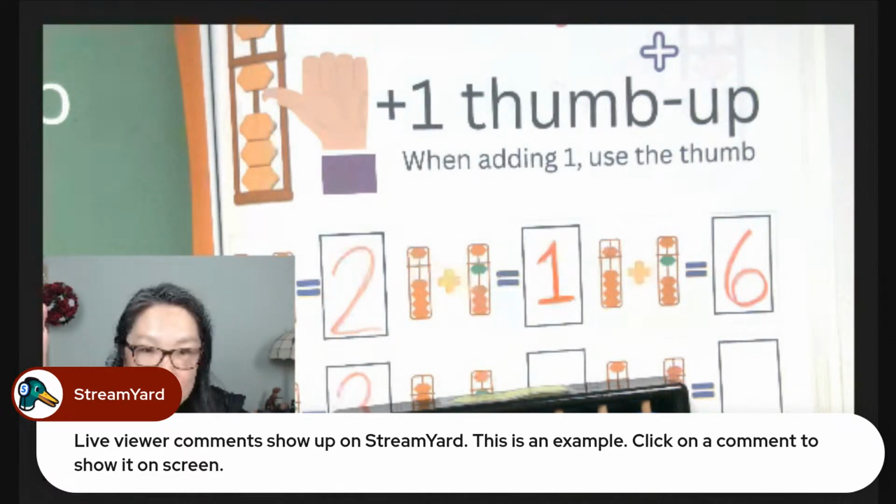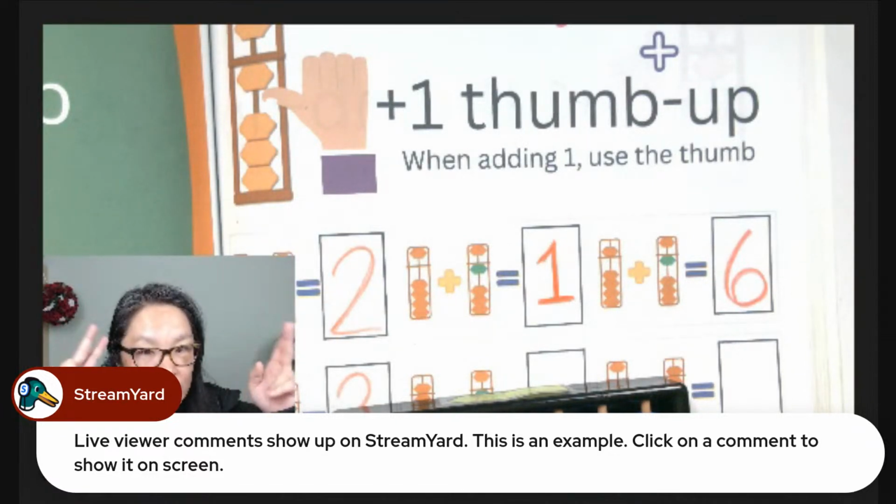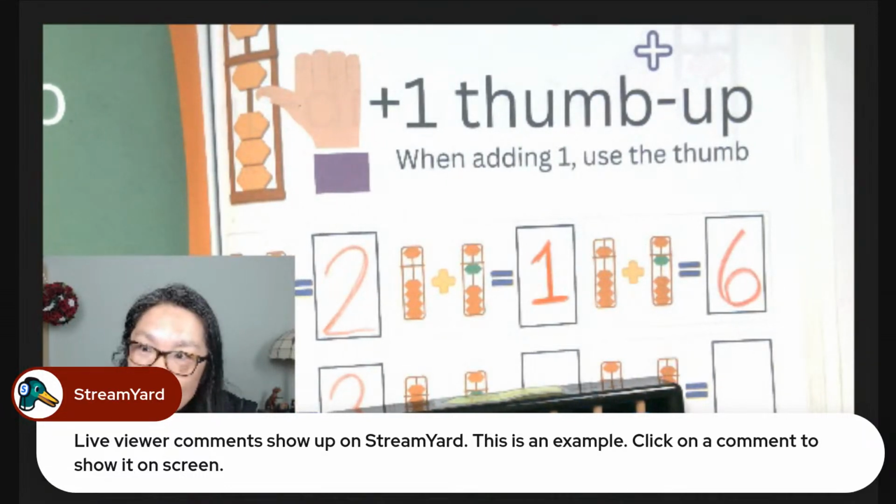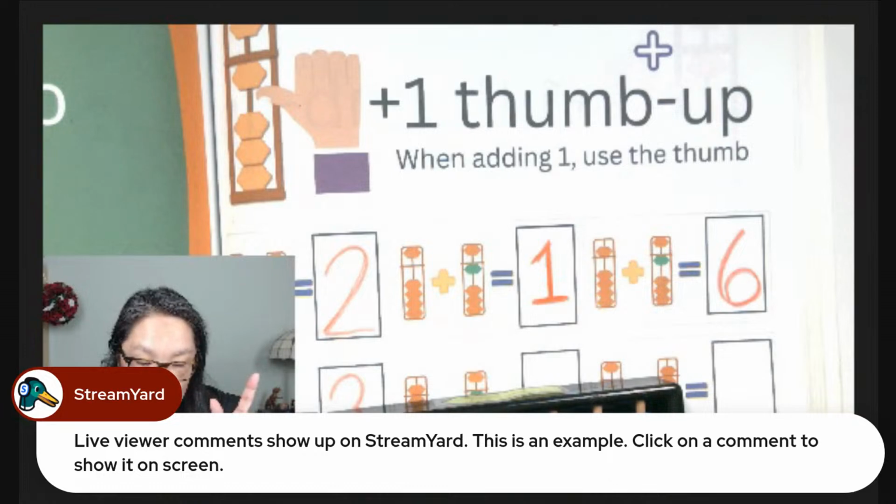I stress this because I was talking to a teacher friend, a second grade teacher, who was trying to introduce abacus to his class. He needs to change his mind from saying, let's make a 6, to how do we make a 6?